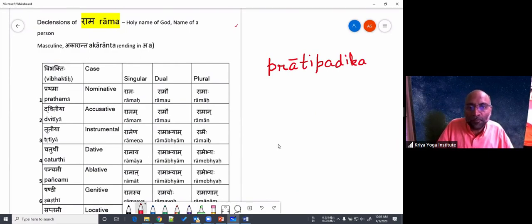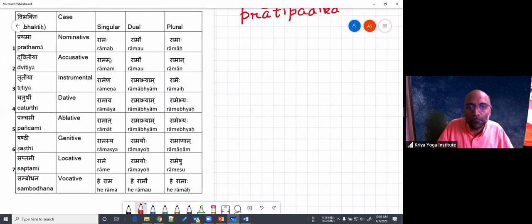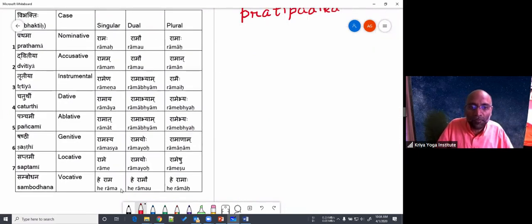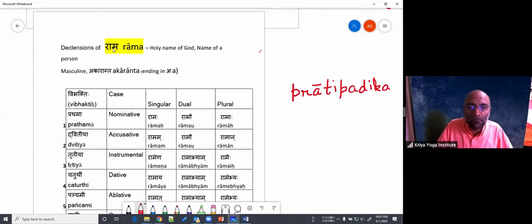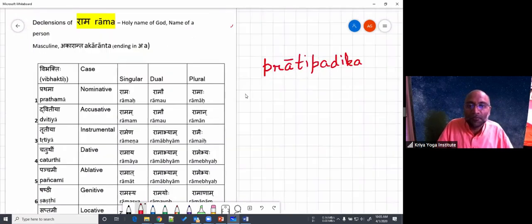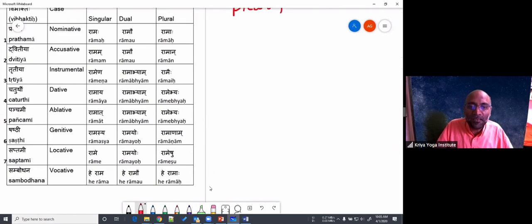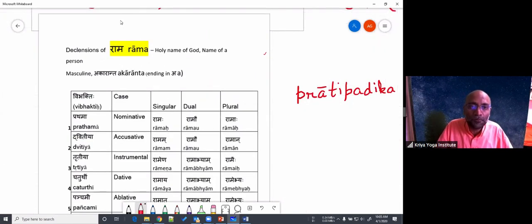You will always find one of the words from this table being used. So this is important. In the dictionary, as I told you earlier, the dictionary of Sanskrit does not contain all the words. The reason is this: the dictionary will have the base word, sentences will have any of these words, and as you can see, we could have like 24 forms for one word.